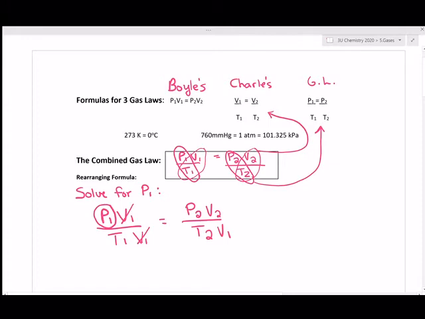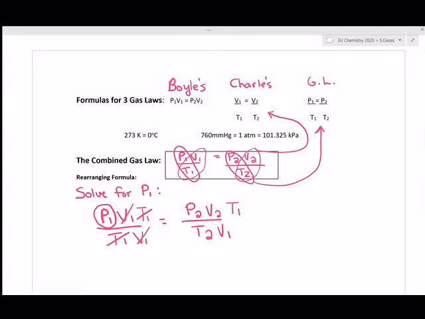Currently P1 is being divided by T1. So if we were to multiply by T1, they'd be able to cancel. But of course, we have to do it to this side if we do it to that side. So this is how we get rid of everything. This is what we are left with. So that is the final formula.